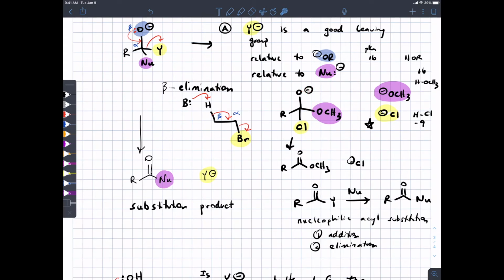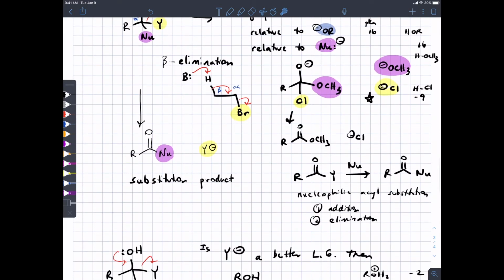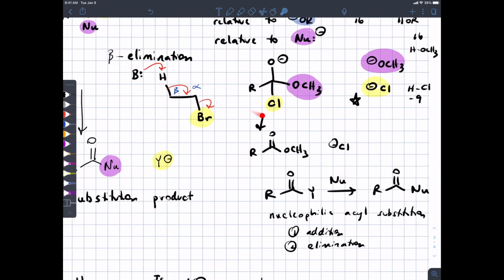All right? Sometimes, as I've explained this in the past, folks get confused. Why are we worrying about the pKa of this? Why are we worrying about this negatively charged oxygen? Does that leave or anything? No. We're just asking the question, is this leaving group good enough such that a negatively charged oxygen can kick it off? And we're basically comparing the stability of the tetrahedral intermediate versus the stability of these products. It's better to have a negative charge on chloride than on oxygen. Okay? Other questions?